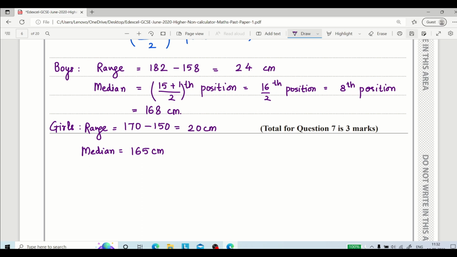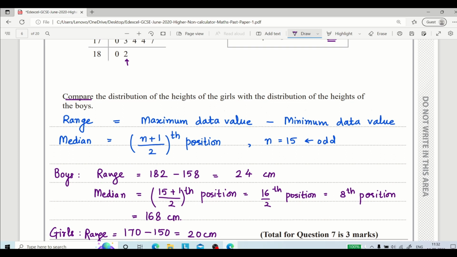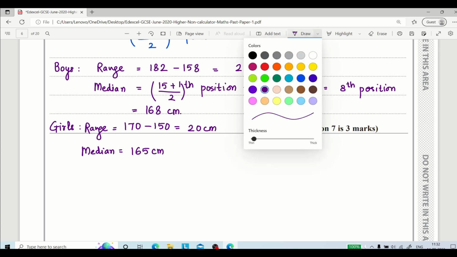Now what was our objective? We had to compare the distribution of the heights of the girls with the distribution of the heights of the boys. So just consider these values. If you carefully observe, for girls, the median height is less than the median height of boys, right? So let's just write this down.